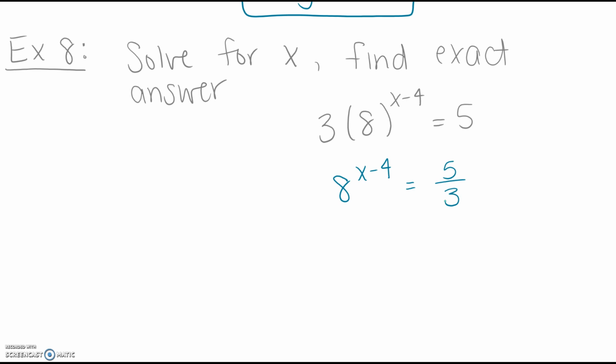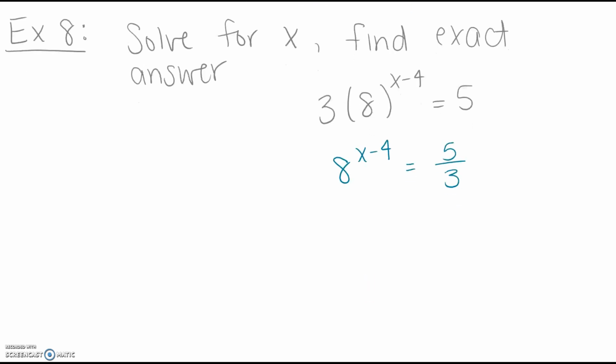We should now rewrite this in logarithmic form. So log base 8 of 5/3 equals x minus 4. Now we can add 4 to both sides.